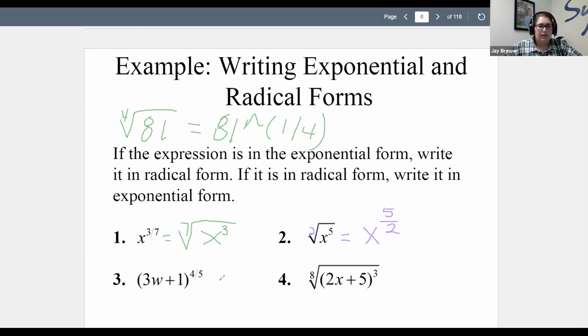All right, so number 3 is in exponential form. And again, we're just going to reverse it. So what do you guys think we should do? So we know we're going to have a radical. What's going to go underneath the radical?